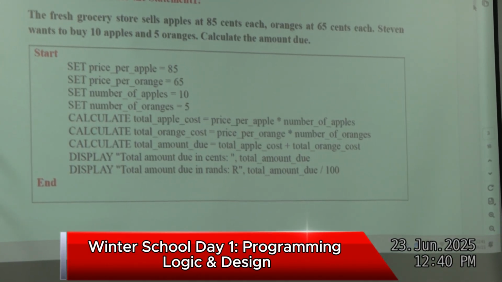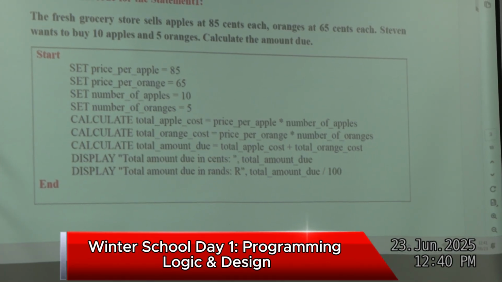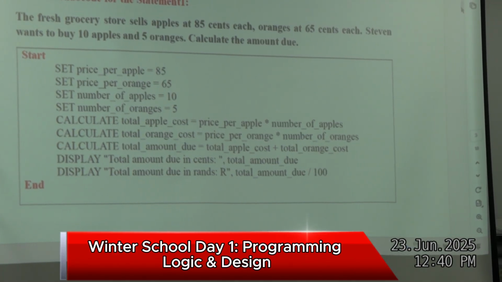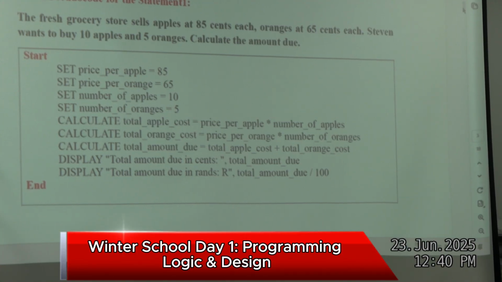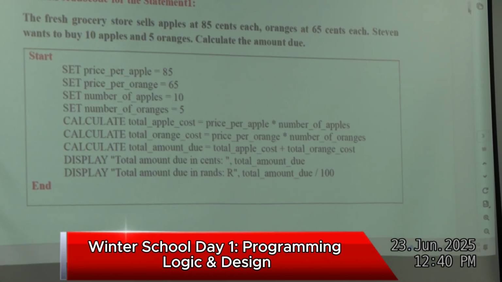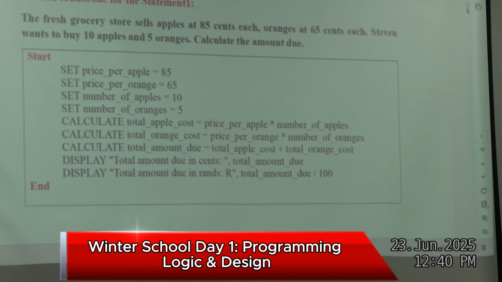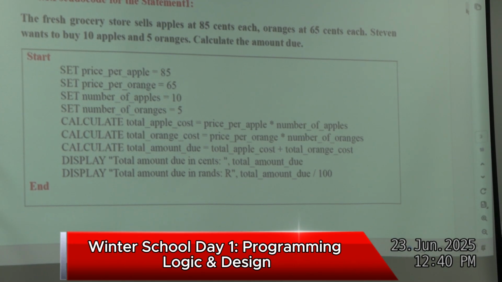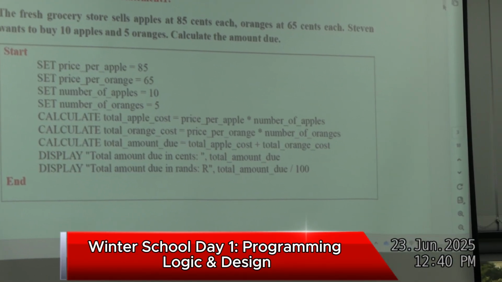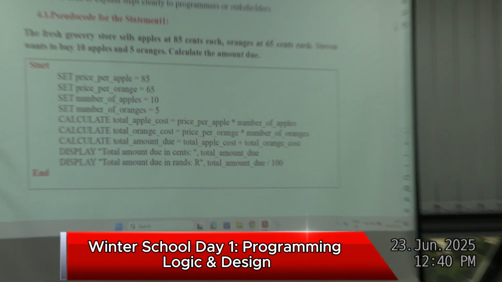When you'll be calculating yourself, you'll be adding the numbers. You'll be entering those formulas in your code. We'll see later on. But with pseudocode, it gives you the plan based on the logic: what you'll be entering, what you'll be calculating, and what you'll be displaying.